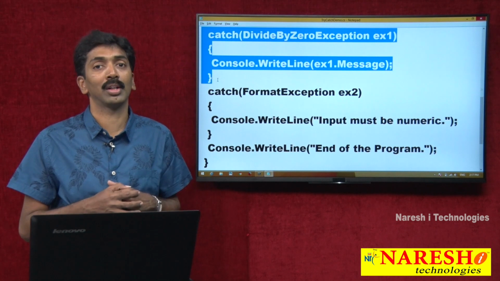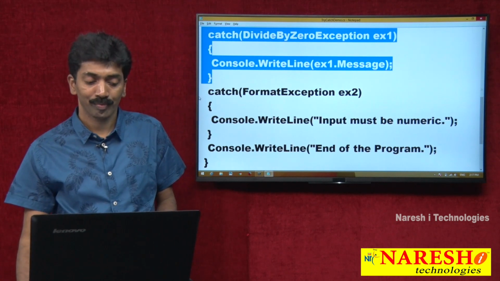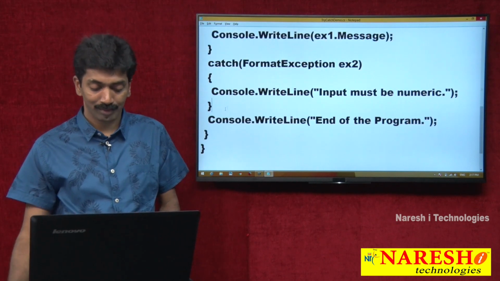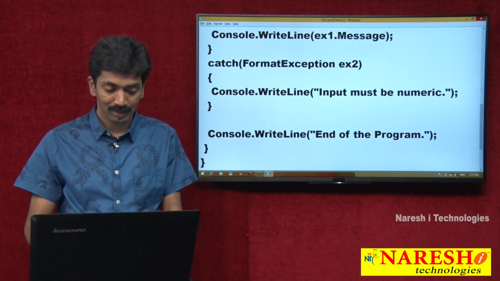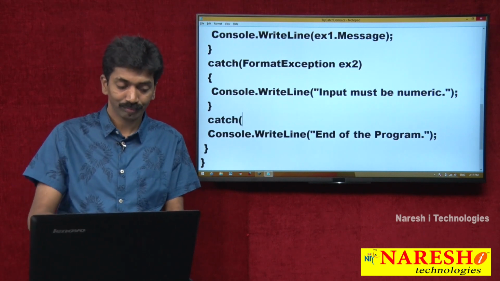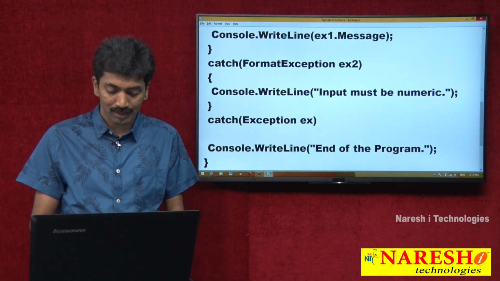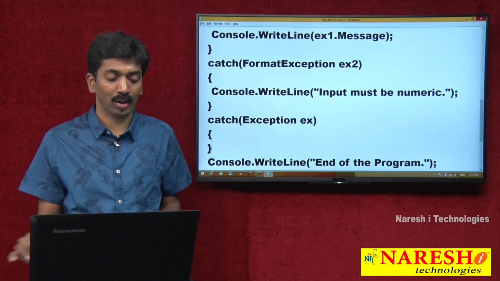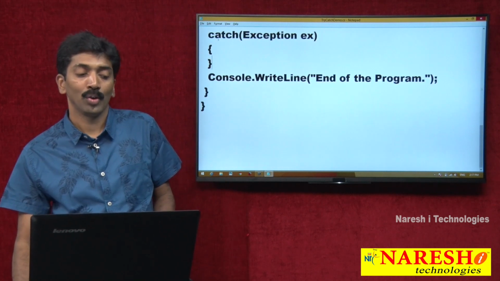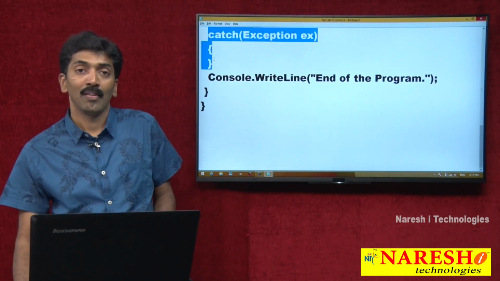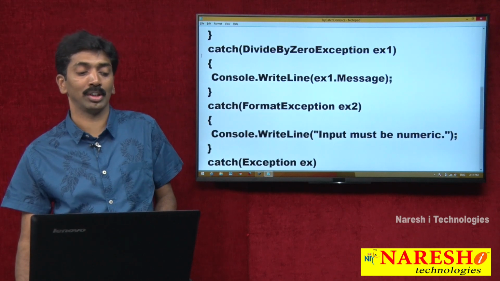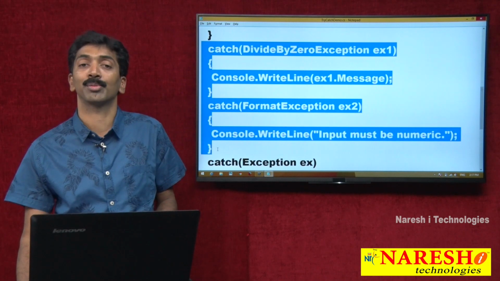So how can I control that? In the last you can add catch exception. This catch block, which we have used in the last, will catch all the exceptions that are left by these catch blocks.